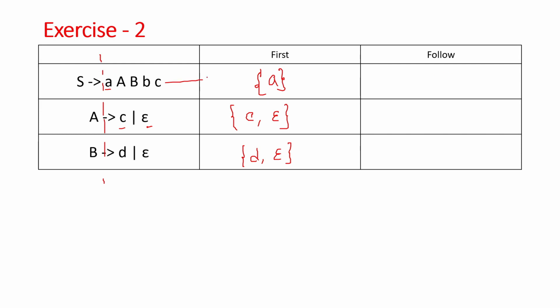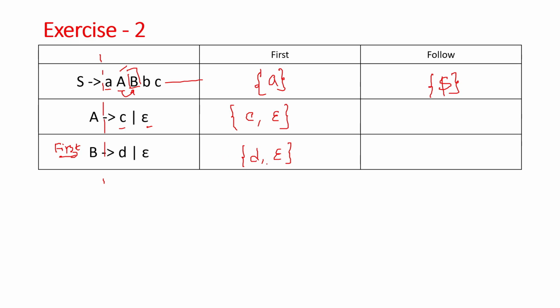Now for this one, has A come anywhere? We can see A has come up here. What is the follow of A? The follow of A has B, which is a non-terminal. What we have learnt in this situation is that we have to find the first of B. So what does B have? B has D and epsilon.